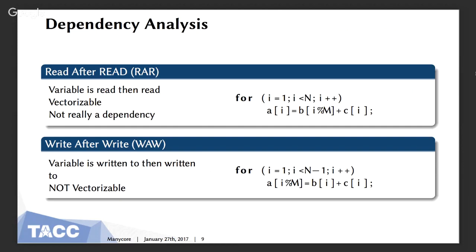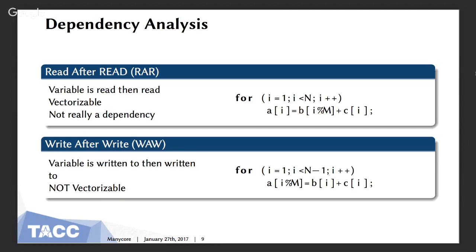The last 2 types of dependencies are read after read, which isn't really a dependency. You're just reading a variable in multiple iterations. You're not breaking anything by reading the variable, you're not changing its value. And then a write after write dependency.